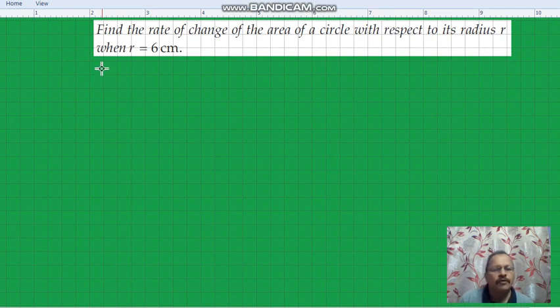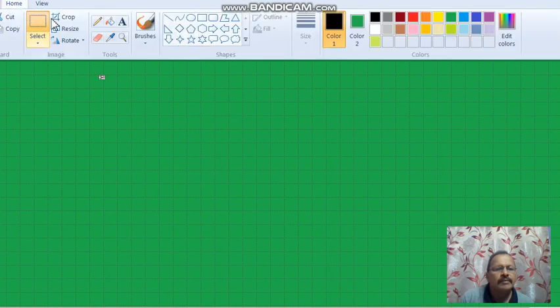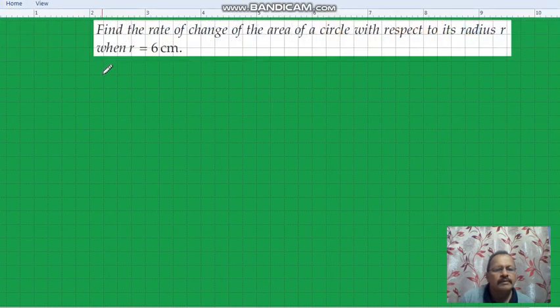We know that the formula A is equal to pi r square. Now we want the rate of change of area with respect to radius. That means we want dA by dr.